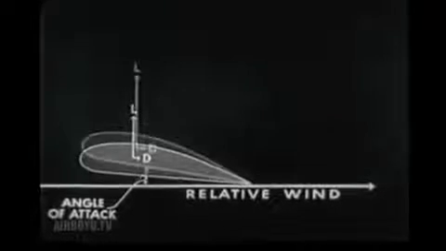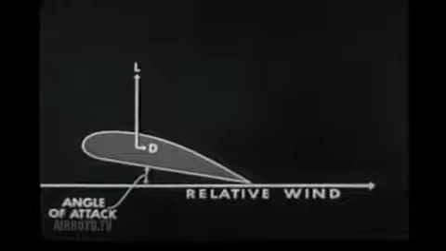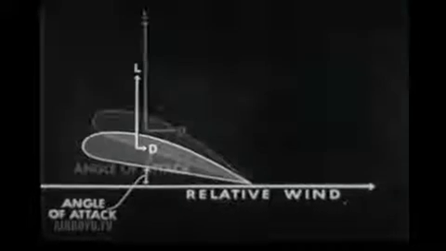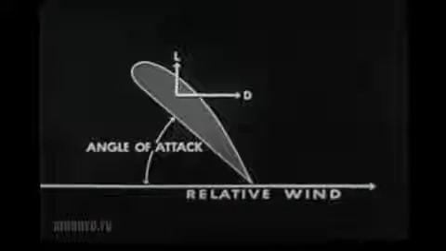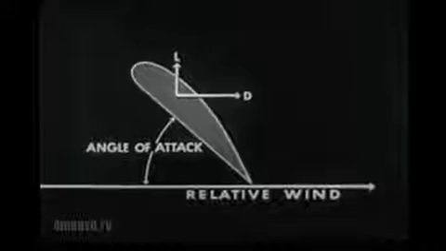Wind tunnel tests show how lift and drag vary with the angle of attack of an airfoil. In general, as the angle of attack increases, lift and drag increase up to a point where lift decreases abruptly and drag becomes the principal component. This is known as the stalling angle.